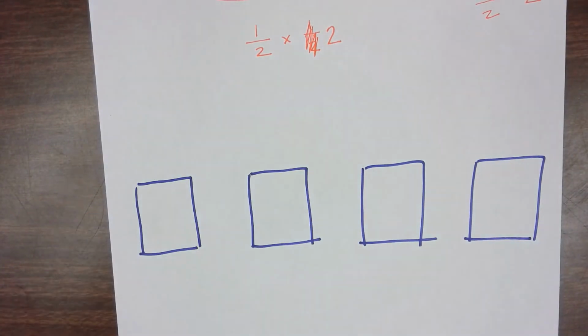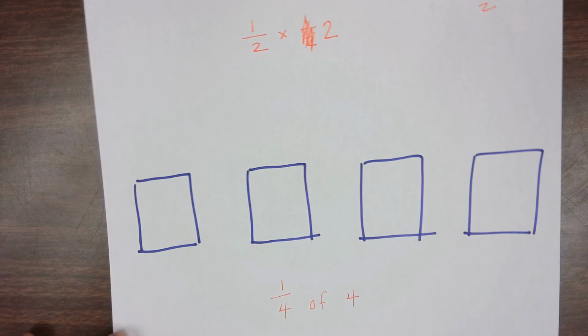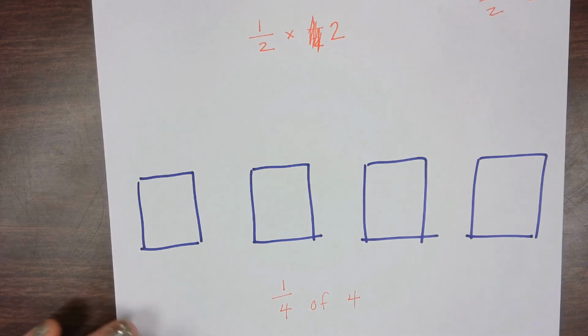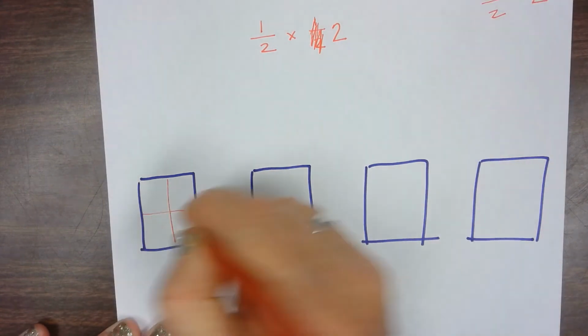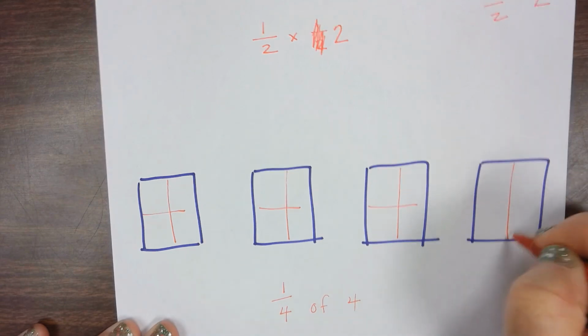If I was taking 1/4 of 4, 1/4 times 4, I'd be taking 1 of the 4. Today's lesson does it a little differently, so I want 2 ways to do it. If I'm taking 1/4 4 times, I'm going to divide them each into fourths.